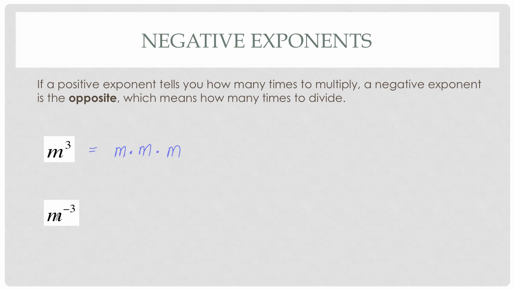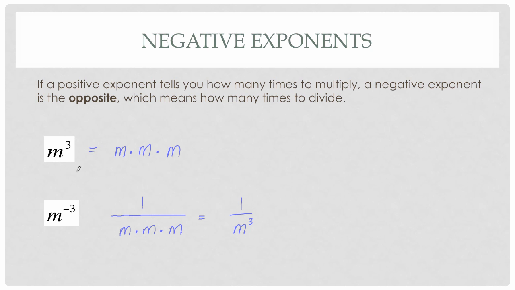But now here I have m to the negative third. What does that mean? Well, it means I take 1 and I divide by 3 m's. And so you can actually see that m to the negative third means you're dividing, not multiplying, by 3 m's.